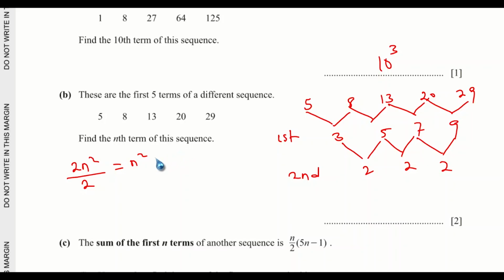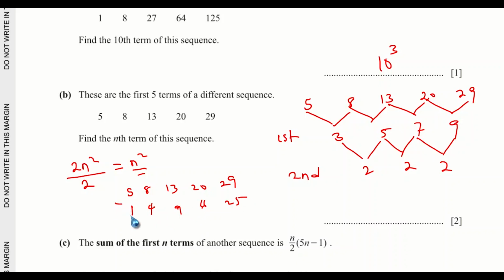So we need to form a new sequence with this. So I can say the initial sequence is 5, 8, 13, 20, and 29, right? So if you form a new sequence, that will be 1 squared, that will be 1, 2 squared, that will be 4. So 9, 16, and 25, like that.